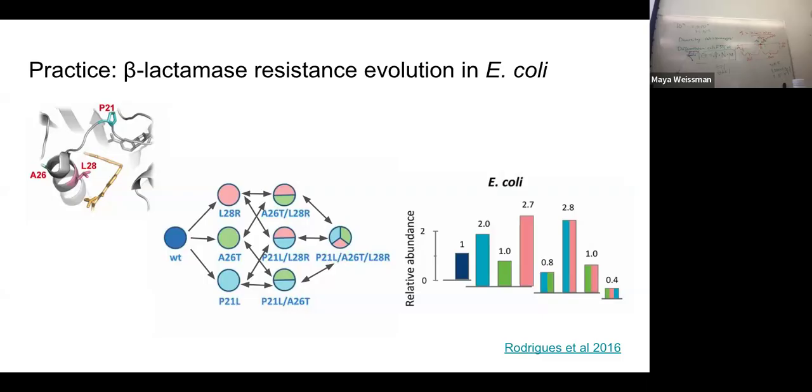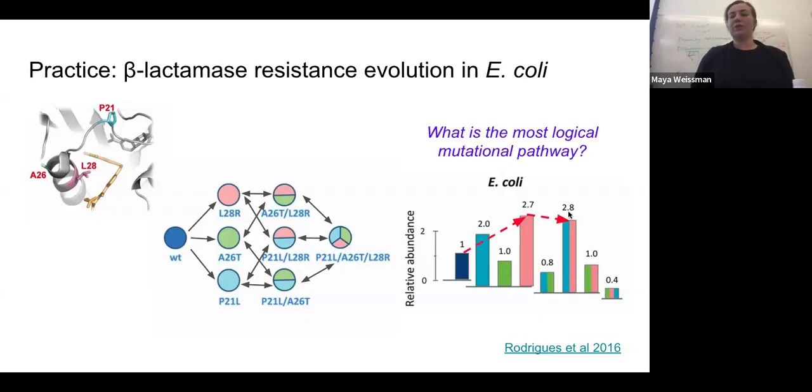Either whether you get the P21L or L28R, in both cases, the next step is the same. And so this is the most likely mutational pathway, although really any of the first step ones are possible. Being neutral is okay. It's not great, but it's fine. If you accidentally ended up here, then you would probably at the next point go here, and then you'd be stuck there.